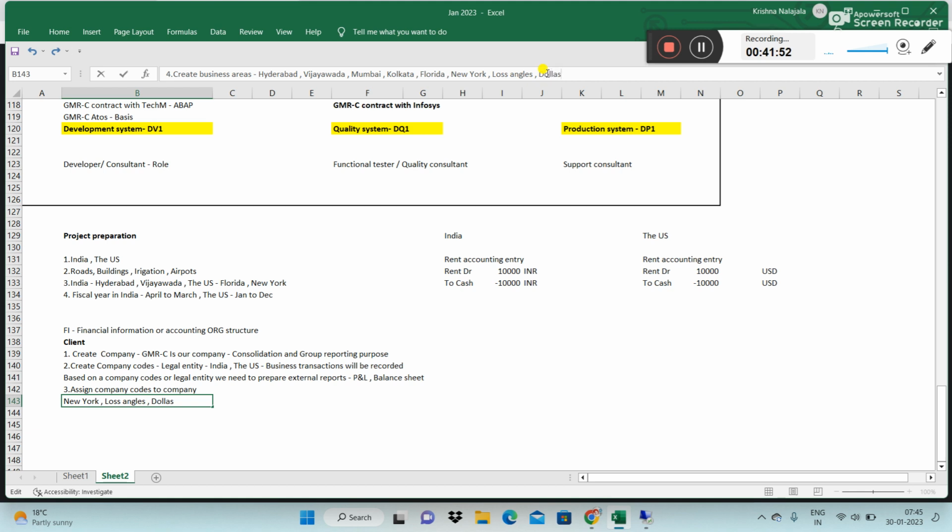Okay, these many states are fine. We have four business areas here and four business areas here. These are nothing but the places. We have states, right? Like that, they have these states: Florida, New York, Los Angeles, Dallas. So this we have created.